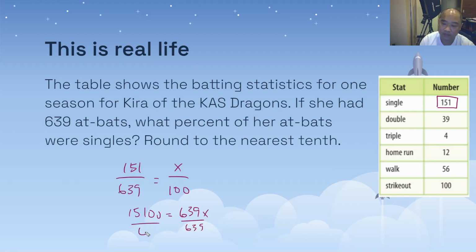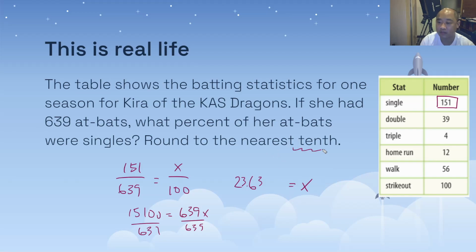Divide both by 639. 15,100 divided by 639 is 23.63. So on and so forth.